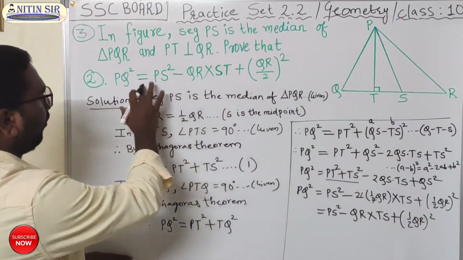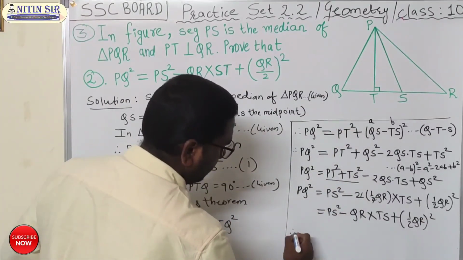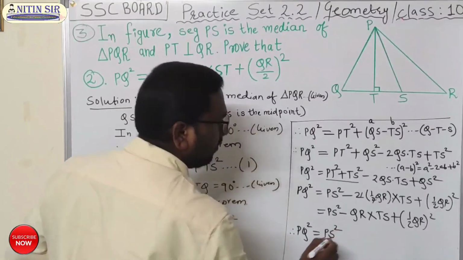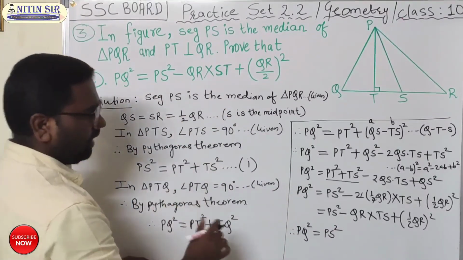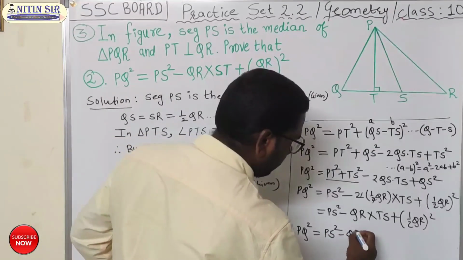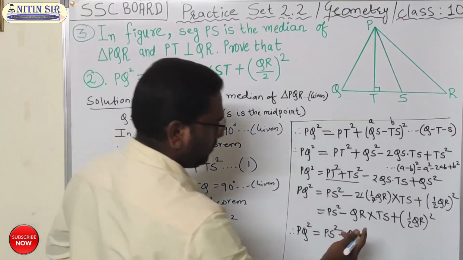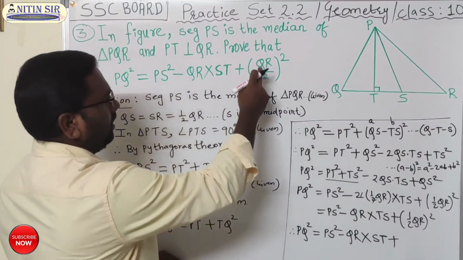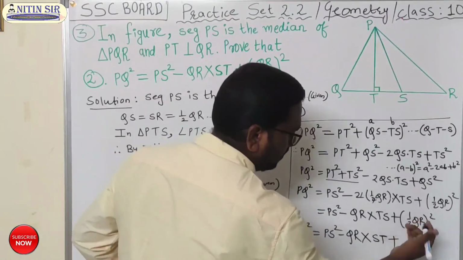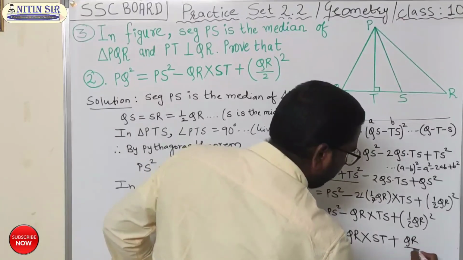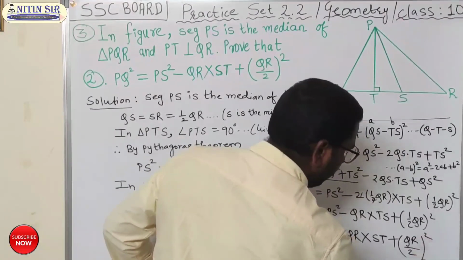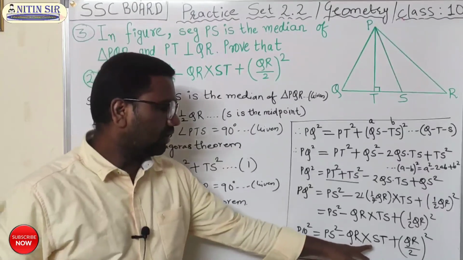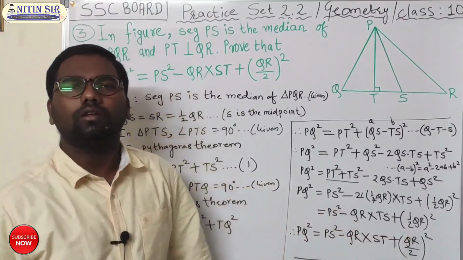So we have to arrange this equation like this. Therefore we can say PQ square is equal to PS square minus QR into ST plus QR upon 2 whole square. So this is your answer.